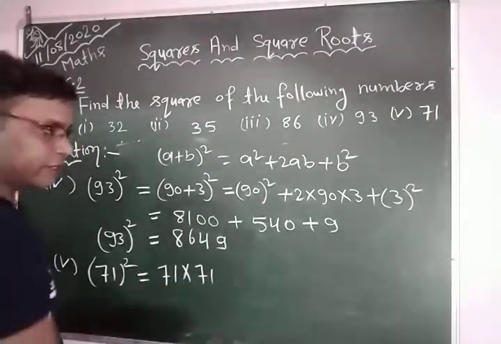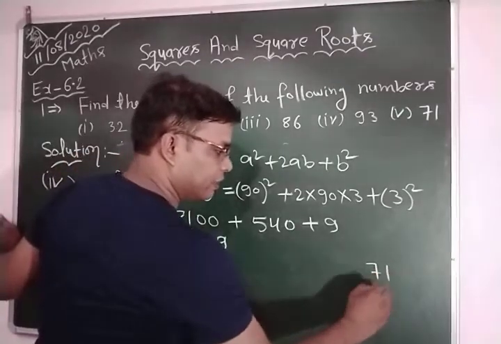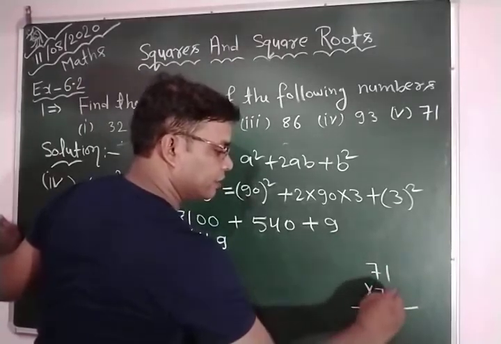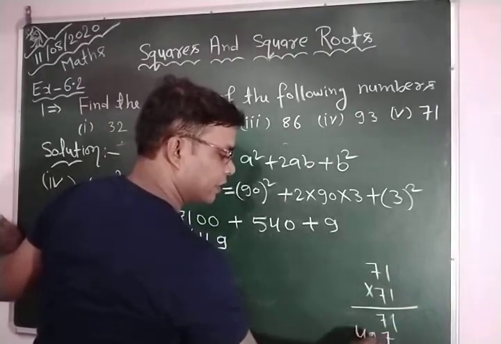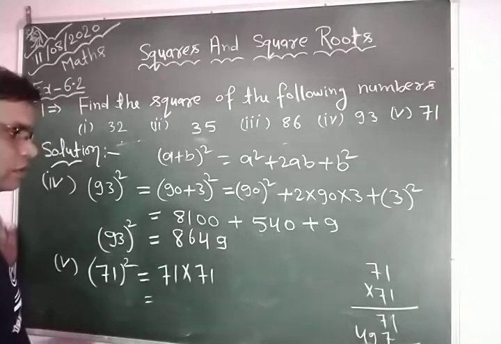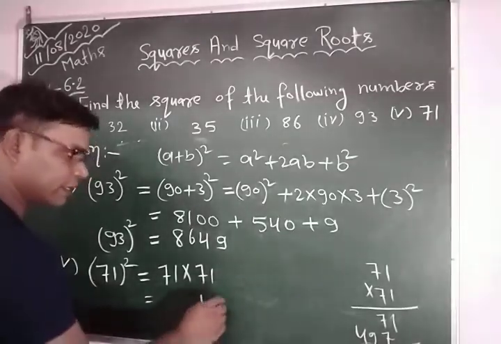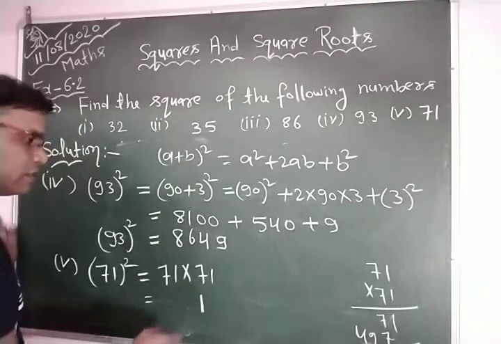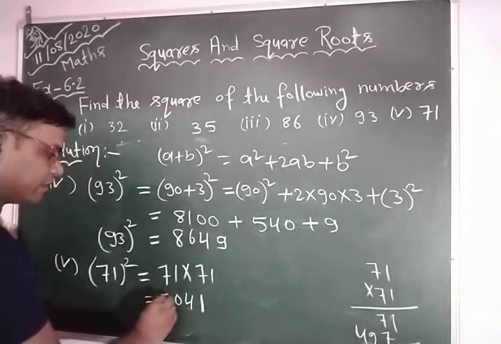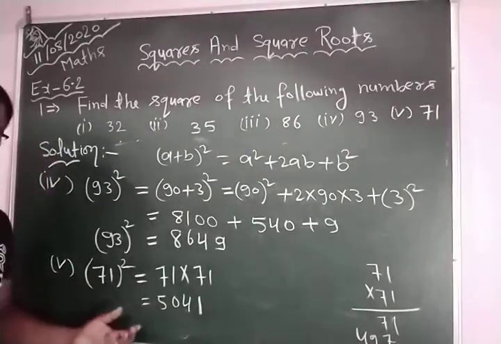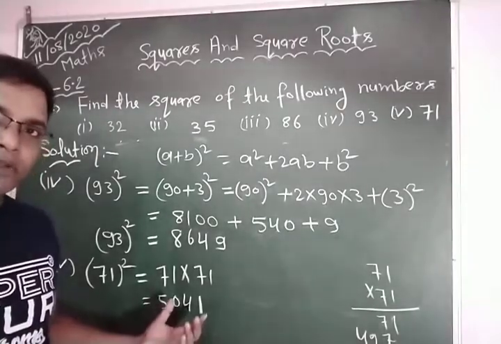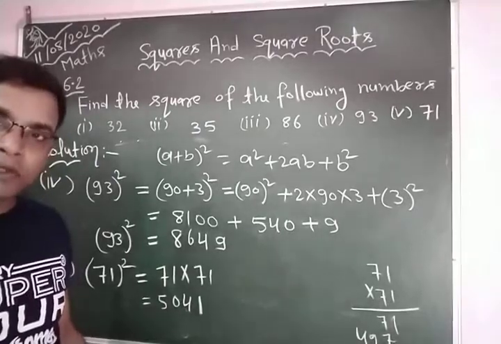So you can multiply here 71 into 71. 7 into 7 is 49, and we obtain 1. Okay, this is 1, and 7 plus 7 is 14, carry 1, 9, 0 and 5. So this is the square of 71, 5041. We find the square of 71 by actual multiplication.